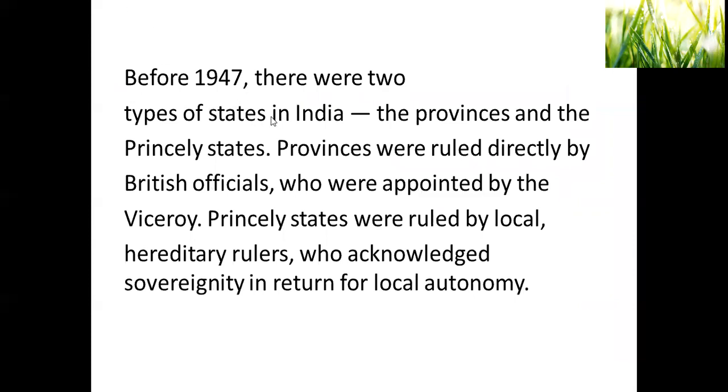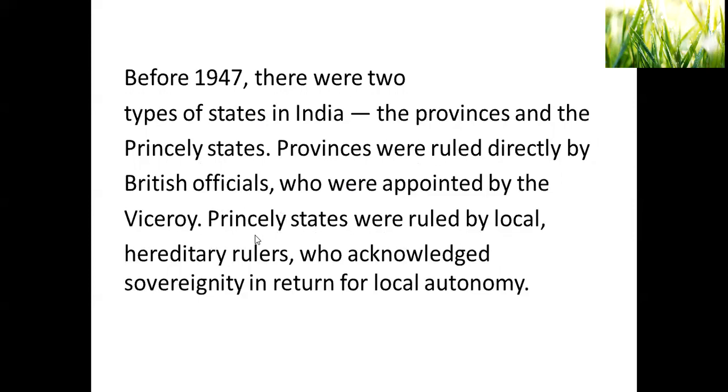1947, there were 2 types of states: provinces ruled by the British, and princely states ruled by local rulers, kings. After 1947, when the British left, the provinces which were directly under the British came into the Indian government's hands.